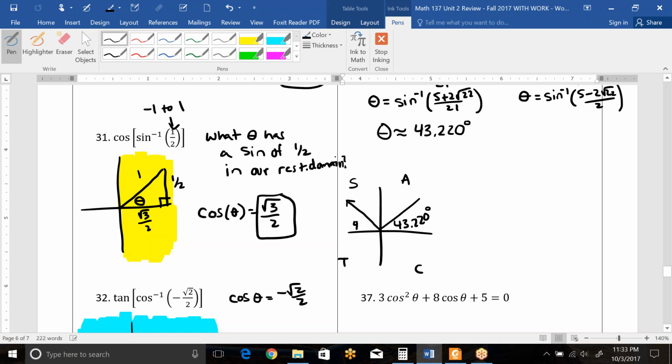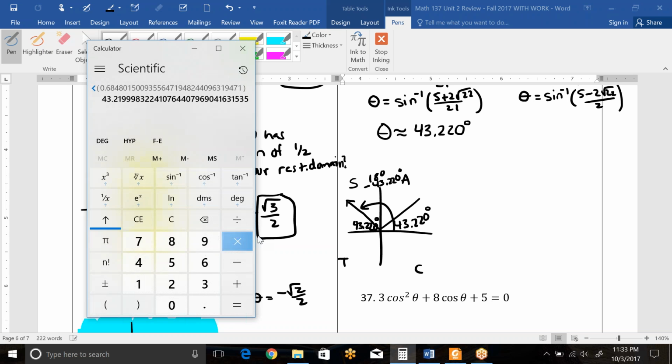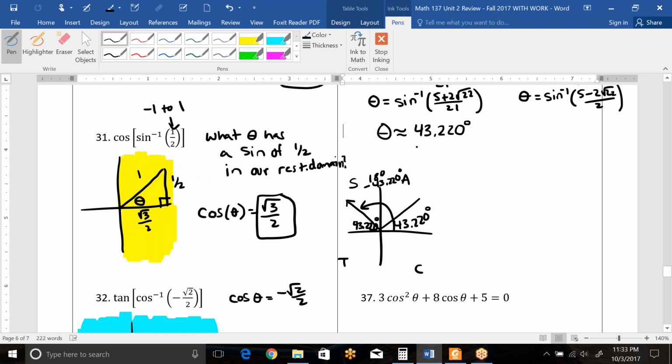So there's also a 43.220 degrees here. To find that entire angle, because we want to report it from 0 to 360, we would do 180 minus that. So we're actually going to get two answers from this specific part. 180 minus 43.220 is 136.780.